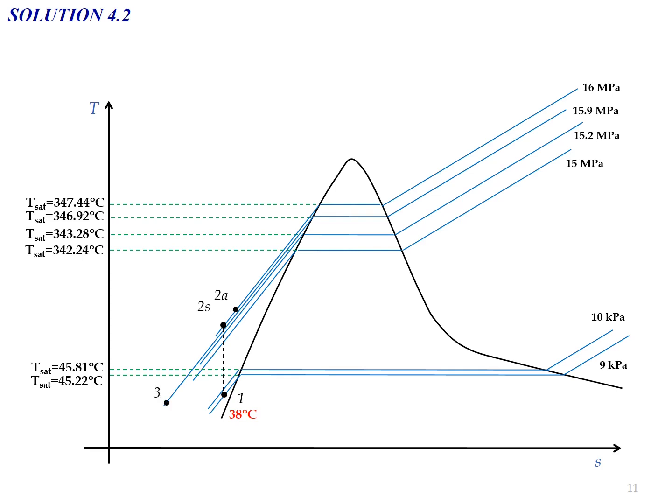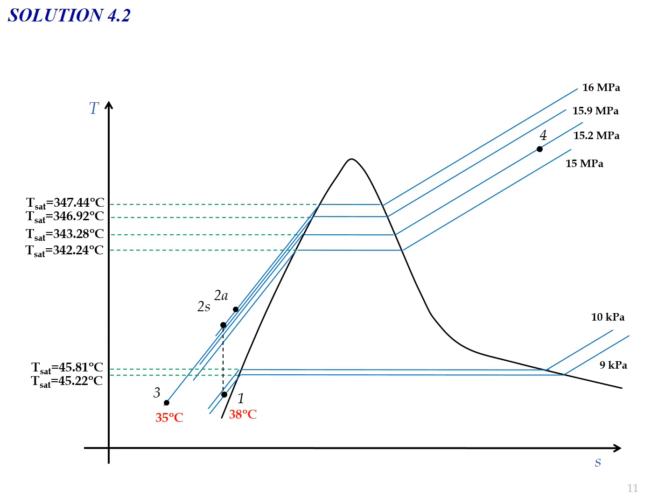For state 3, the pressure slightly dropped to 15.9 megapascal, and the temperature given is 35 degrees Celsius, and the point must be located lower than the saturated temperature for 9 kilopascal, as shown in the slide.